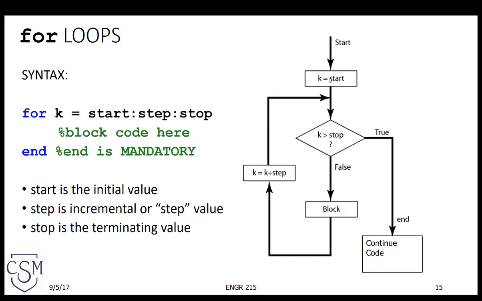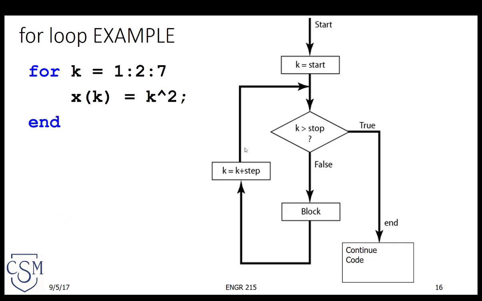Then it'll check, is k greater than the stop value? If k becomes greater than the stop value, it will exit this for loop and continue on with the code. If not, it keeps stepping through our block of code, and it will increment each time by the step size. Let's see how that would be implemented for an example set of code.